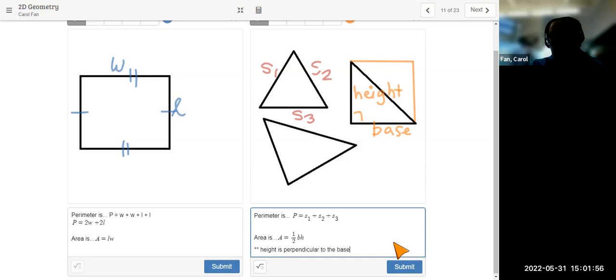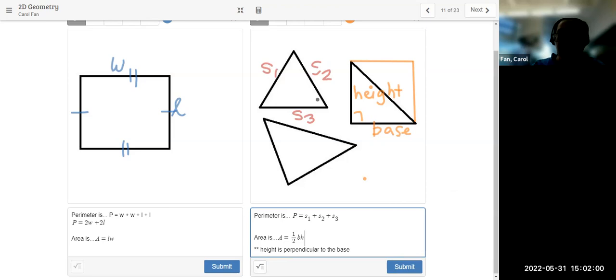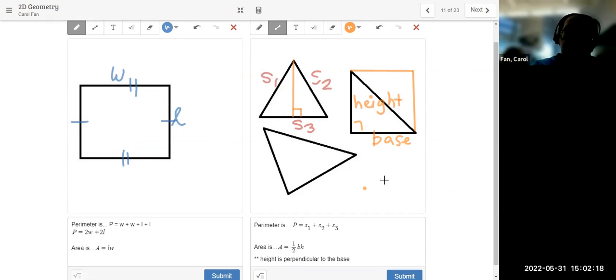to the base. So for example, if I have a triangle like this, I actually have to create a height that goes straight through, because I need something that gives me a 90-degree angle. So that's my new height. The base would be S3, and I have this as my height.